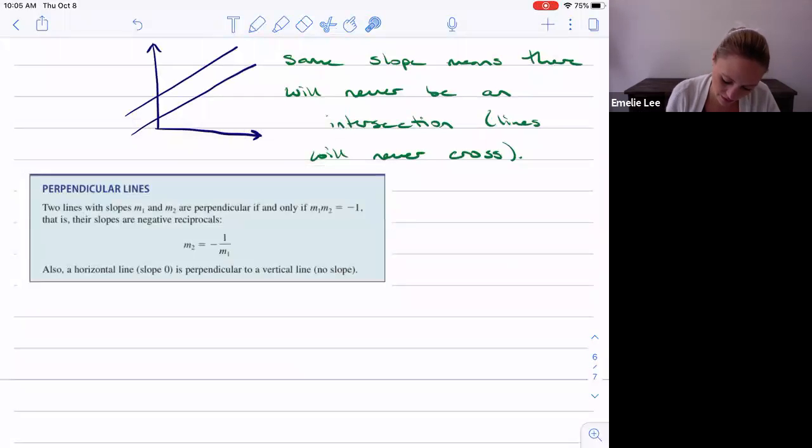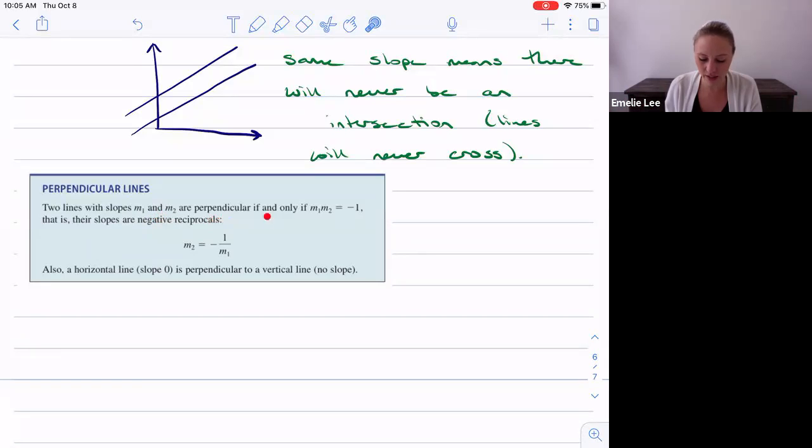Okay, so 2 lines, so one with a slope of m1 and one with a slope of m2. Notice that we use these subscripts just to denote, okay, I've got a slope here, I've got m1, m2, x1, x2, y1, y2, right? So we just use these little subscripts to denote that we've got multiple of the same thing.